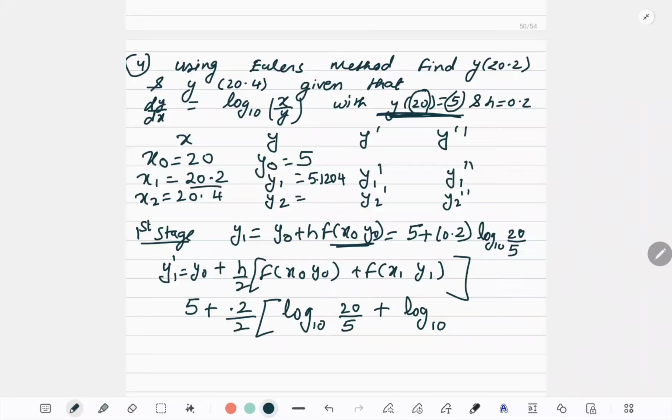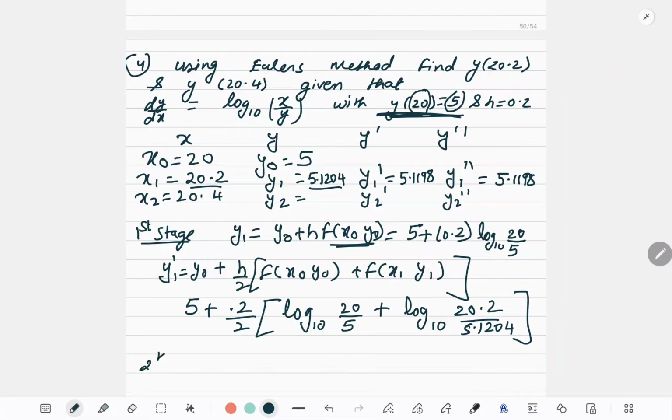So what is x1? 20.2. What is y1? 5.1204. Correct? Now you solve this and you will get the value 5.119. As I always say, pause your video and try to do it yourself and check the answer.